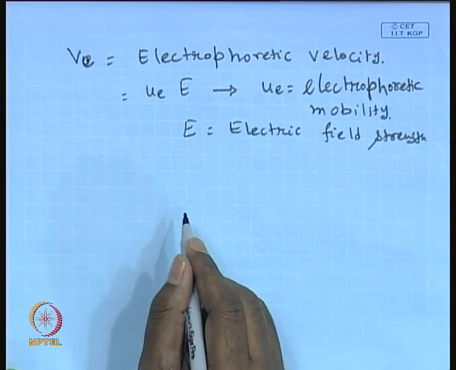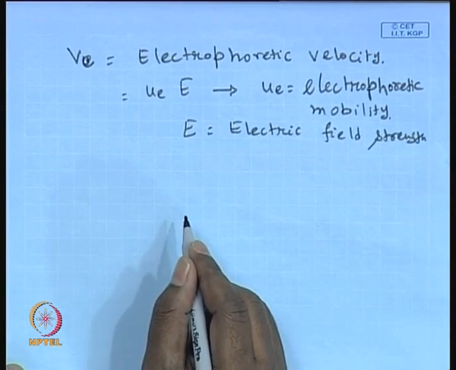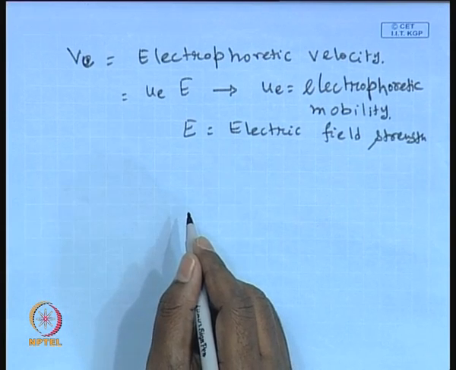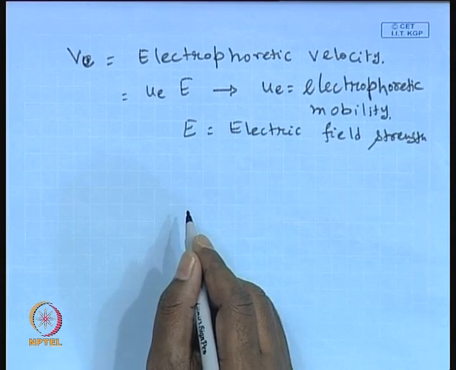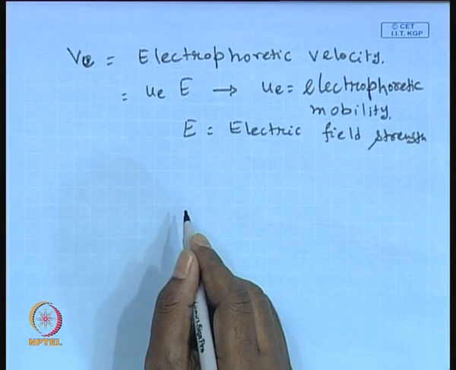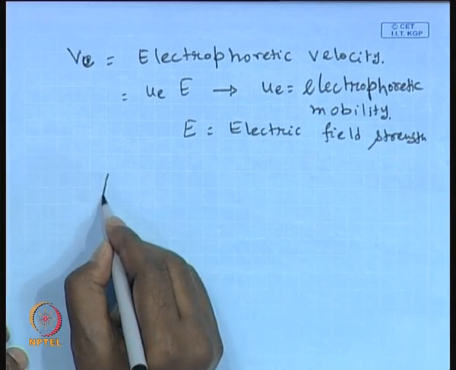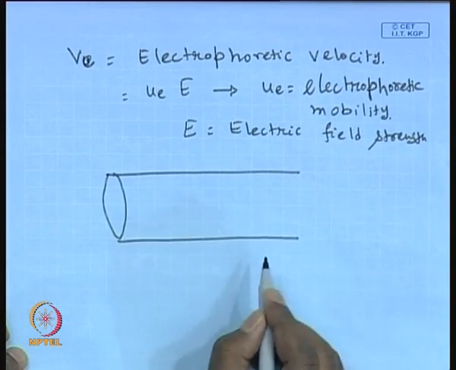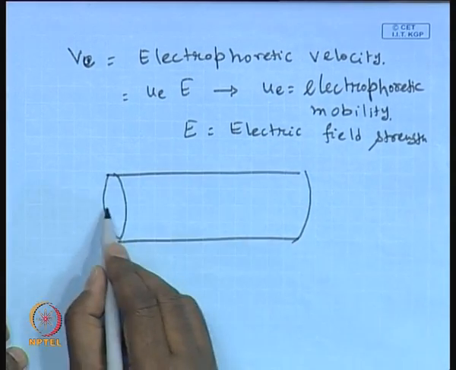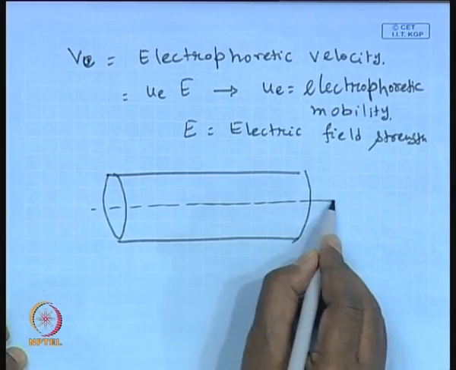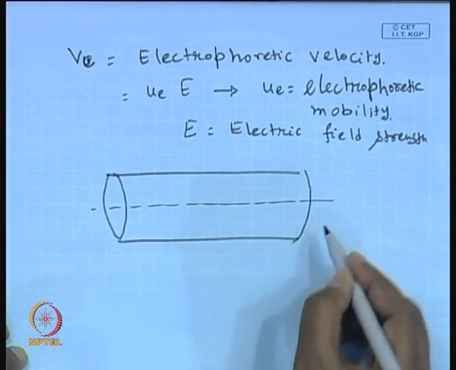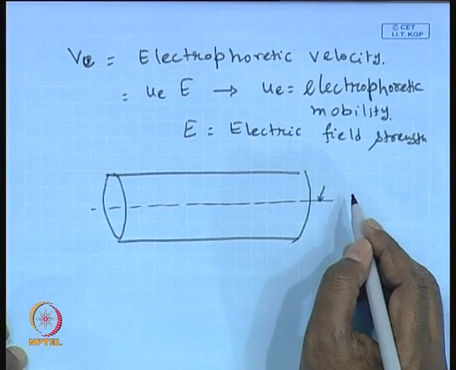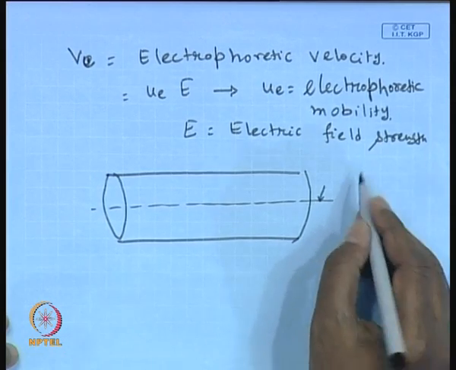How do you get the external electric field in this particular case? Because you have the membrane on the surface of the tube, that will be one electrode. Where is the other electrode? It will be something like this. This is the wall, and in the central line you insert a plate or a tube of titanium.